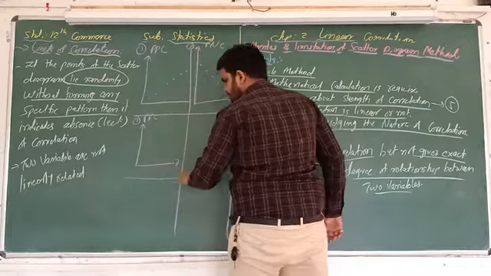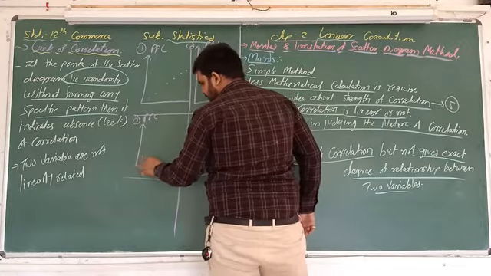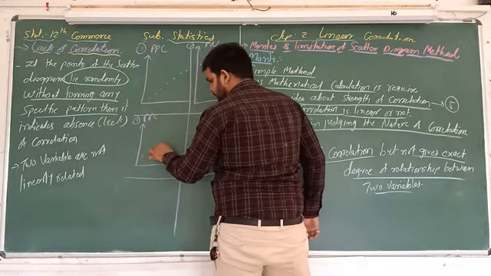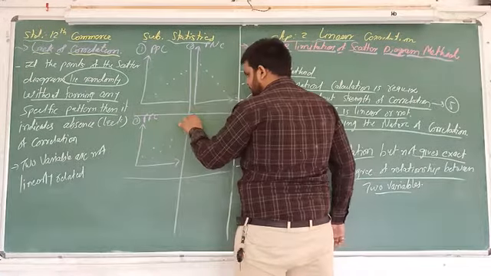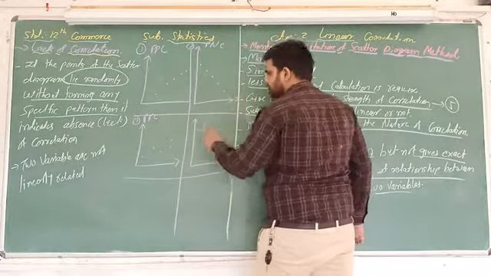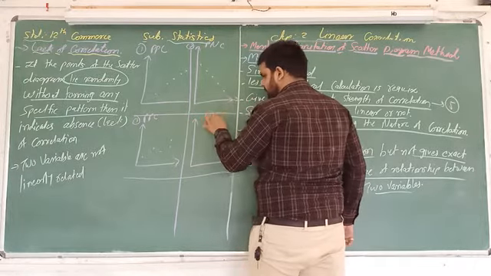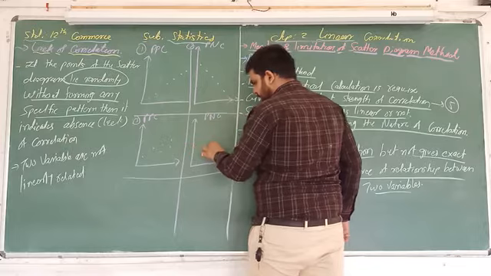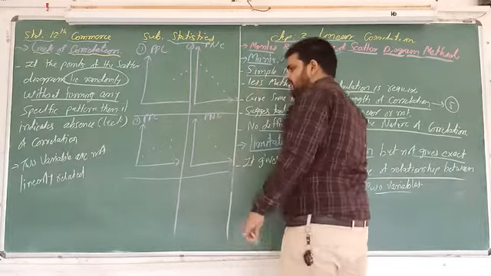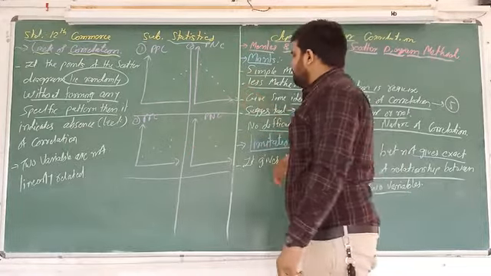Again there are x and y axes. It goes upward but not in a single line. In the fourth type, partial negative correlation, it goes downward but not in the same line. This is called partial negative.